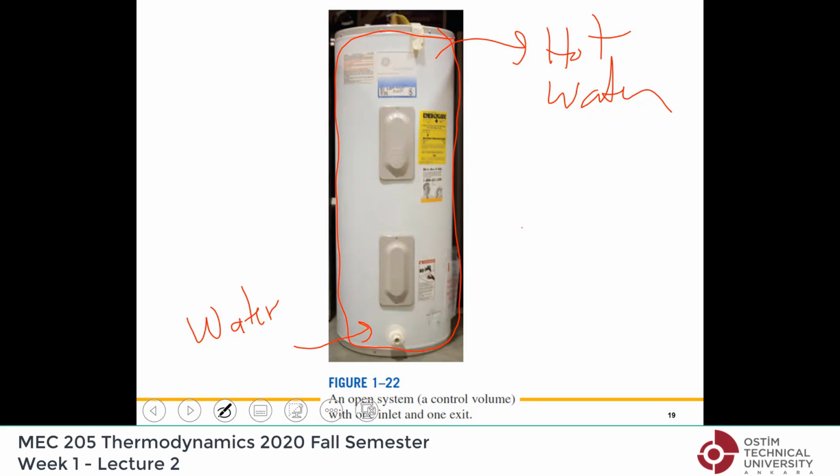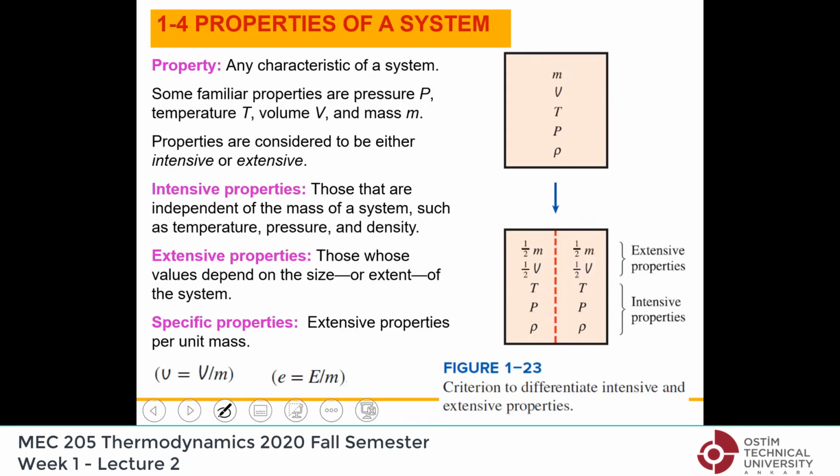To choose this region as the control volume, so that mass enters and mass leaves, and we may have, let's say, a heat loss here, and we may have electrical work entering. There may be an electric heater inside. So this is a control volume.